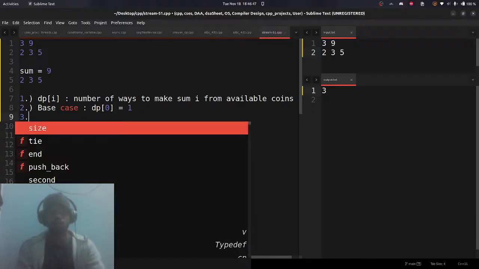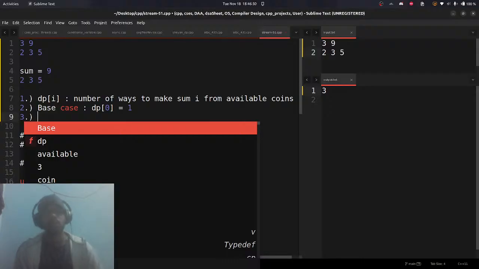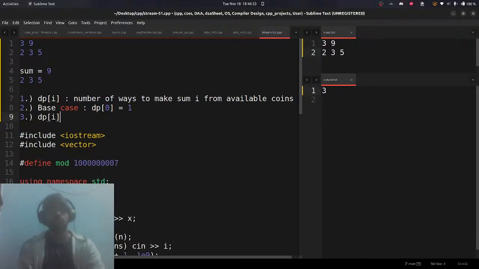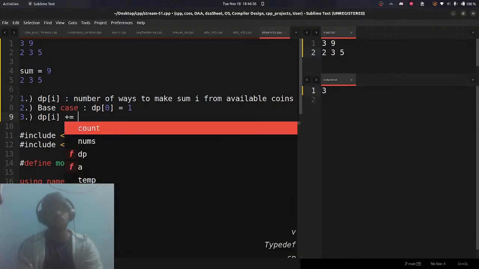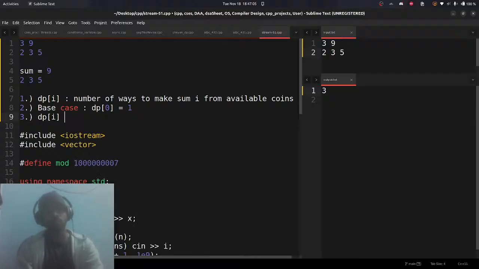Okay. So how will the transition happen? For every sum, we have two choices. Either we pick the coin, in which case we'll need the answer for dp of i minus the coin value, right?